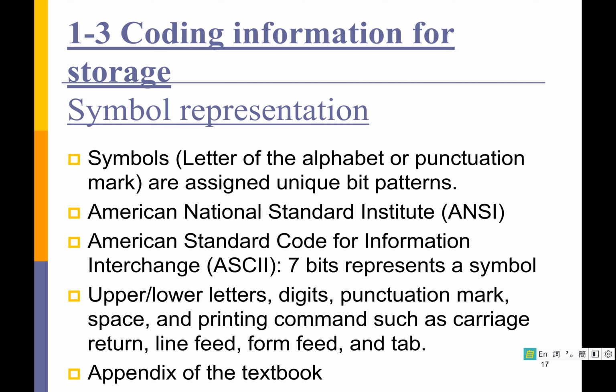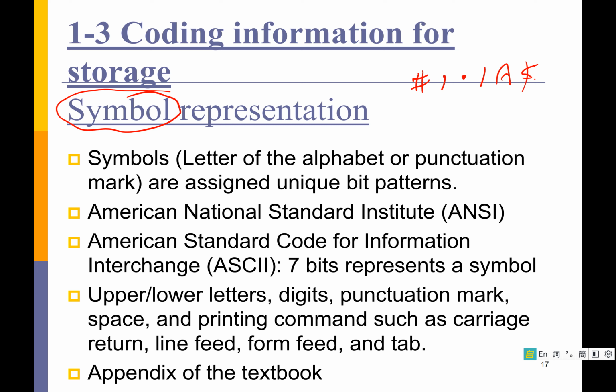The first one and the most basic one is a symbol. Okay, what's a symbol? A pound sign is a symbol. A comma is a symbol. A period is a symbol. Number one is a symbol. Capital A is a symbol.